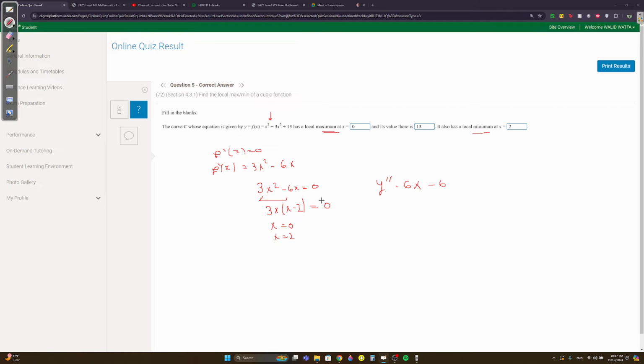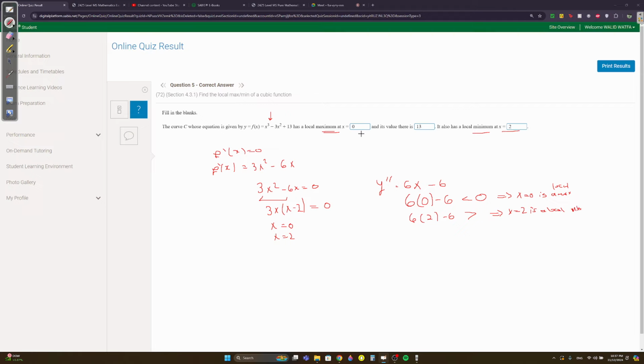I can substitute into this and see if it's negative or positive. When I substitute 0, I get an answer that's less than 0. Hence x equals 0 is a local max. And 6 times 2 minus 6 is greater than 0, hence x equals 2 is a local minimum.